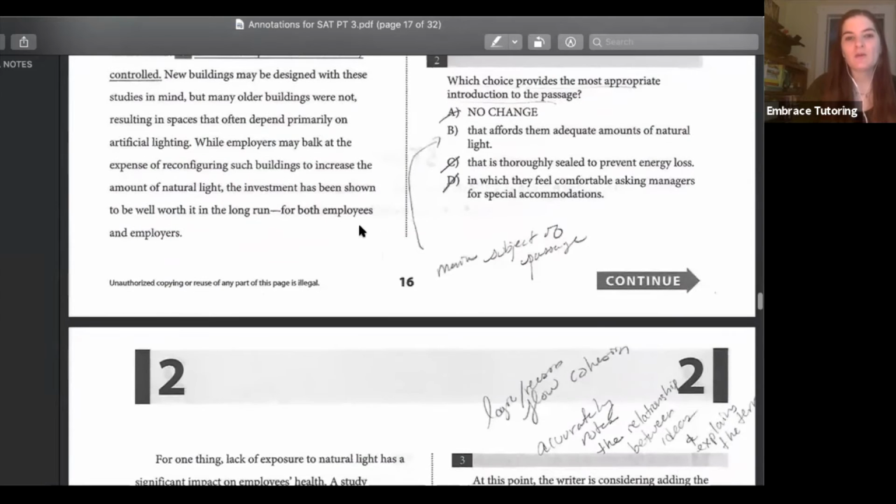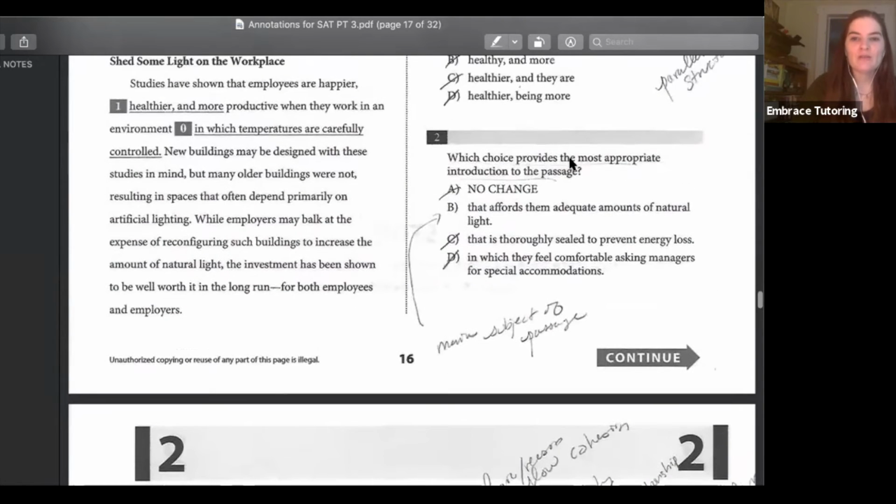Okay, so question 2 here, which choice provides the most appropriate introduction to the passage? This requires knowing what you need in an introduction. So this shouldn't be something that is completely unknown to you.